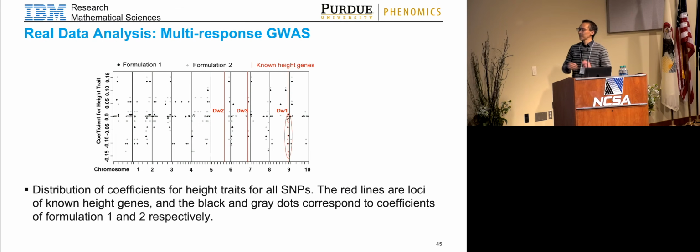And we asked an expert to investigate this, and she said that for example, there are 3 known height or dwarf genes that play a role in the height-related traits. And one of those genes has been picked by our methods.